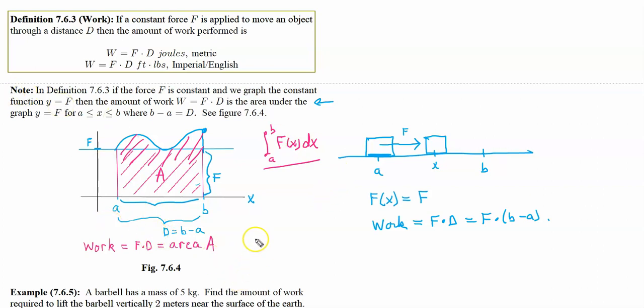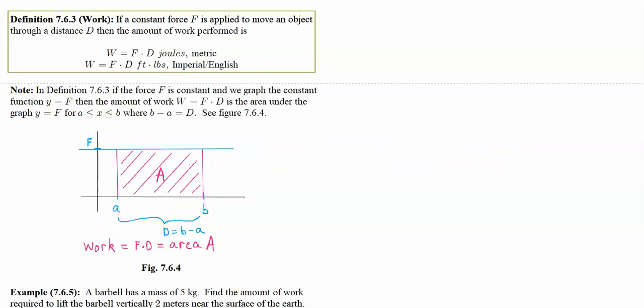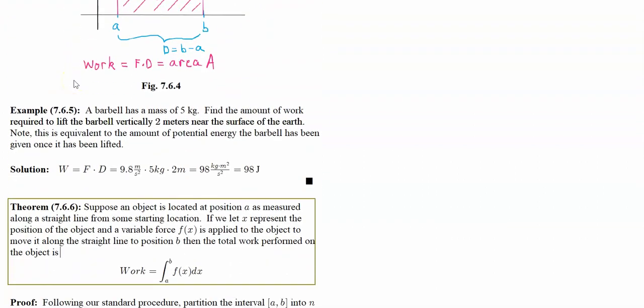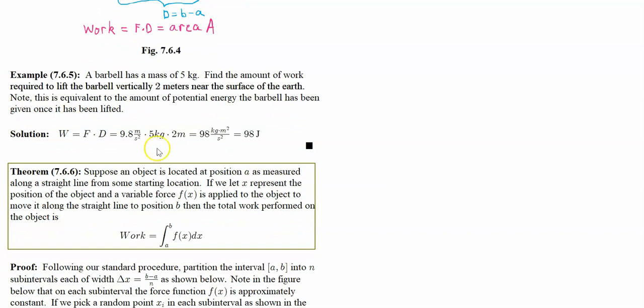Before we look at that theorem, let's take a look at this example. So in this problem, suppose we have a barbell that has a mass of 5 kilograms. Now suppose it's sitting on the floor of the gym that we're at, so we have a barbell here, 5 kilograms.